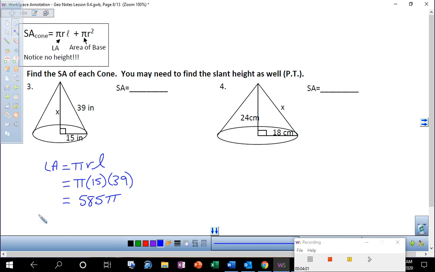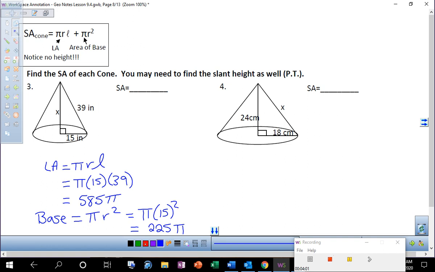And then for the base, well, the base of our cone is a circle, so it makes sense that we're using the area of a circle formula that we've seen before, pi r squared. So pi times the radius, which is 15 squared, gives me 225 pi.